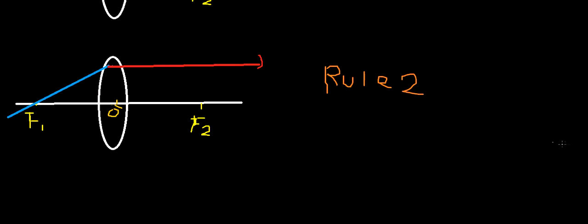Now let's see what rule 3 states. So rule 3 states that when the incident ray passes through the optical center, then it does not change its path. So it does not get refracted. So again, diagrammatic representation. So I've got blue.